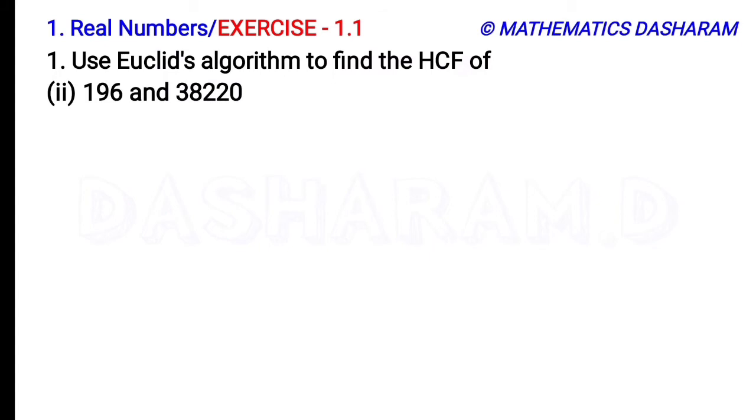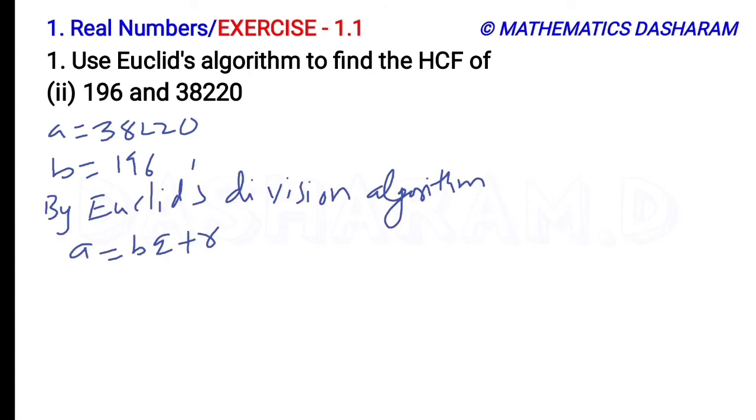Next, second question, 196 and 38,220. First, the bigger number 38,220 should be A. Next, the second number is 196, so that is B. By Euclid's division algorithm, A is 38,220, B is 196.